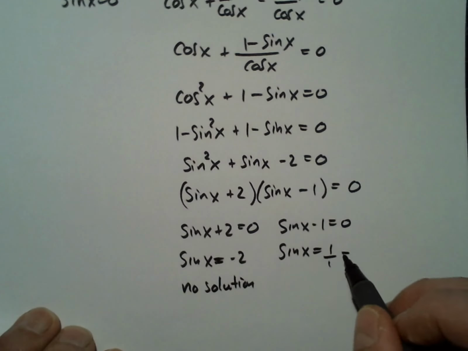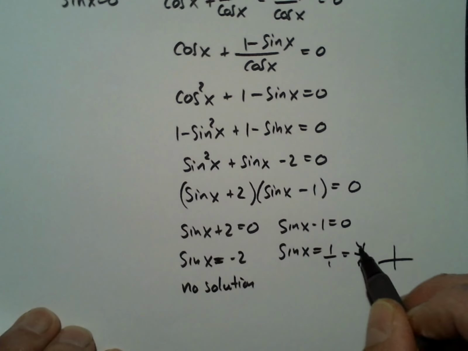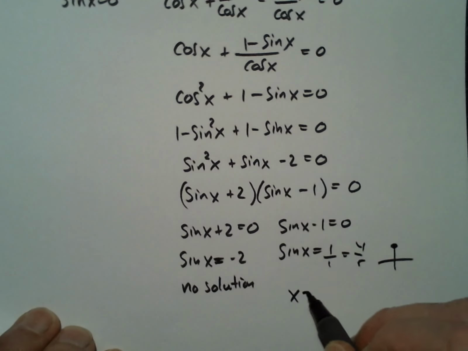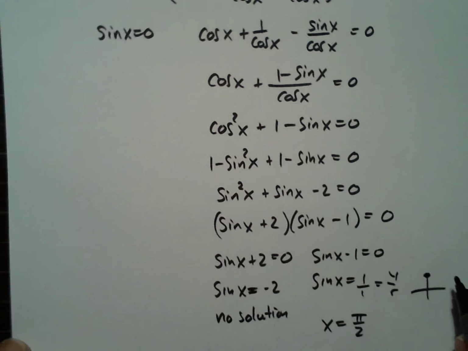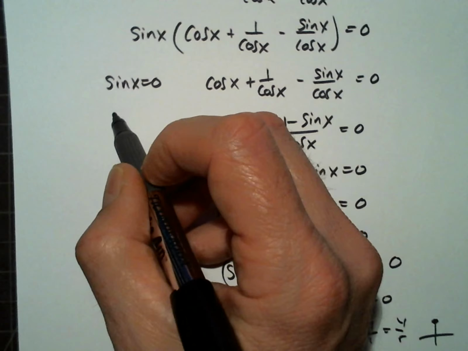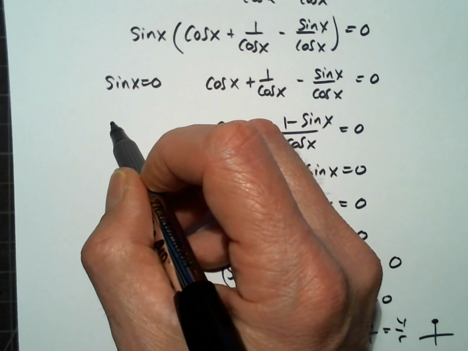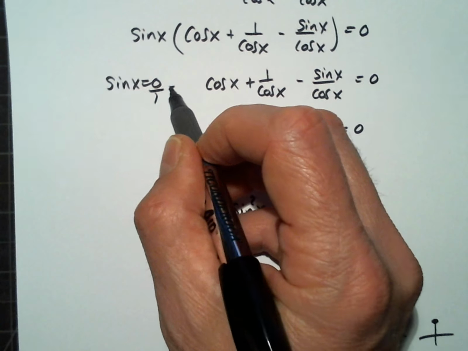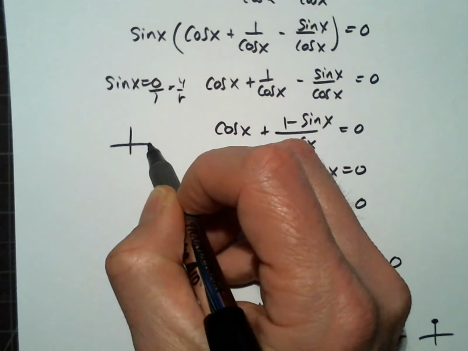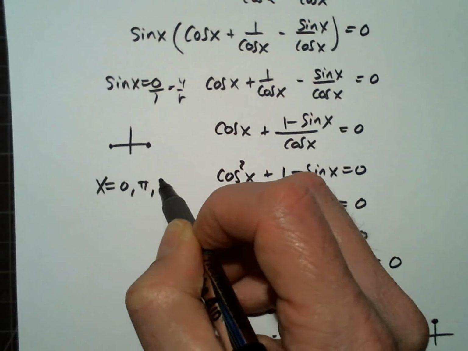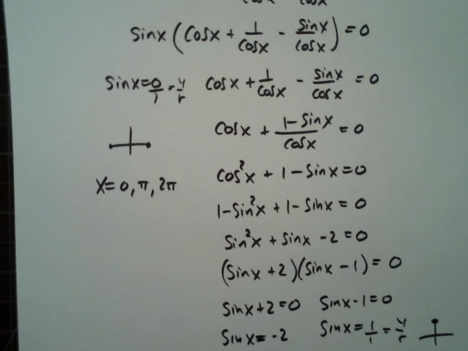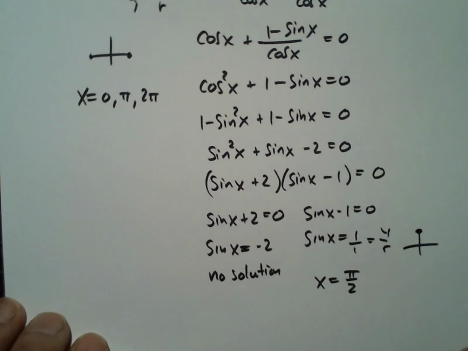And here we have y over r. Y is positive right there, and that gives us pi over 2. And then back up here we had 0, pi, 2 pi.